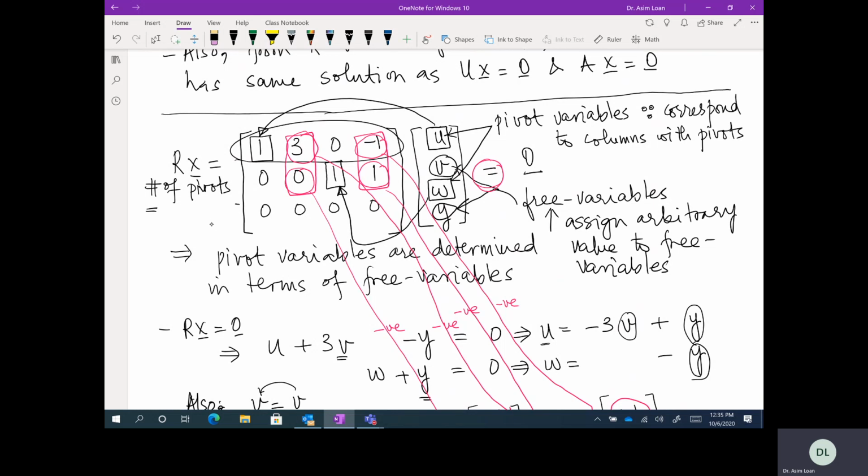So number of pivots equals number of independent columns, which is the same as number of independent rows, which is the same as number of non-zero rows, which is the same as the rank of a matrix.